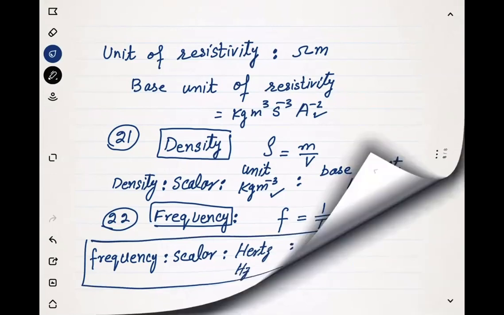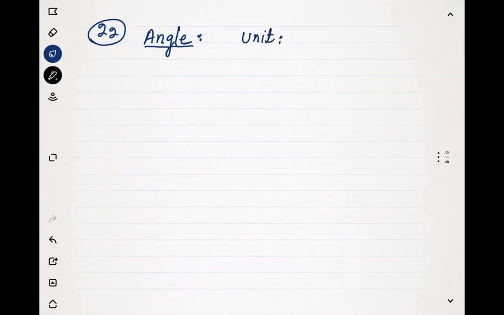After frequency, the next quantity is angle. For angle, a common unit is degrees, but in SI units, we do not use degrees. In SI units, we use radian. Unit of angle is radian. What is a radian?